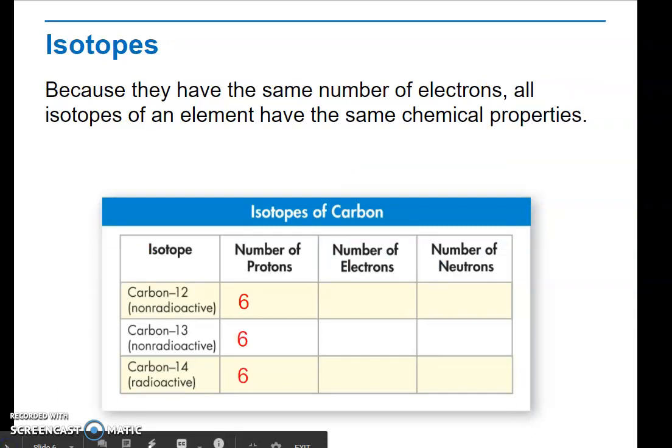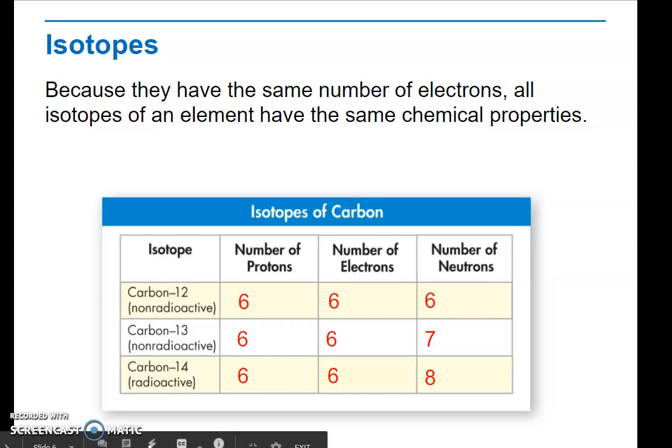When we talk about isotopes, let's try to remember what the definition of an isotope is. Remember that an isotope is an atom of the same element, but it differs in the number of neutrons it contains. Now you must remember that since they have the same number of electrons, all isotopes of an element have the same chemical property.